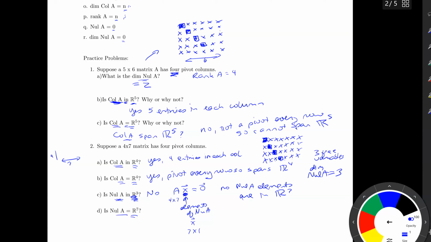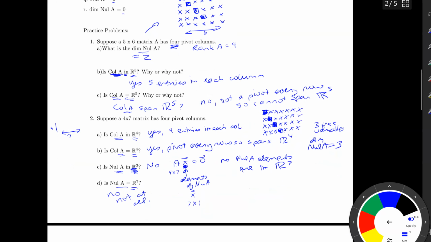Okay, how about this? Is Null A equal to R7? No, right? There's no way you can say it spans R7, because I would have to have 7 vectors to span all of R7.